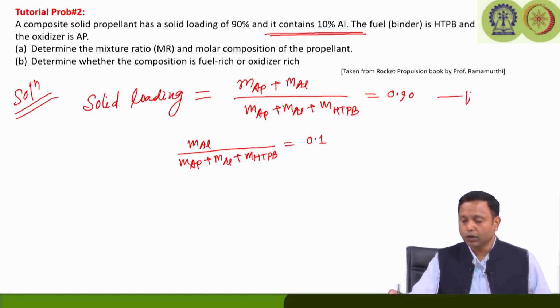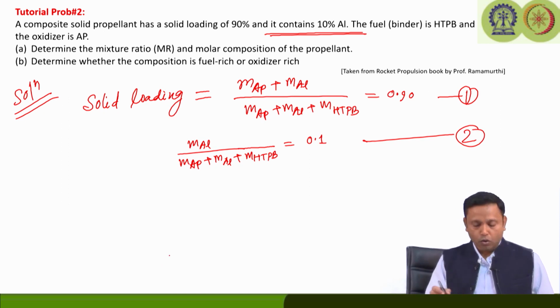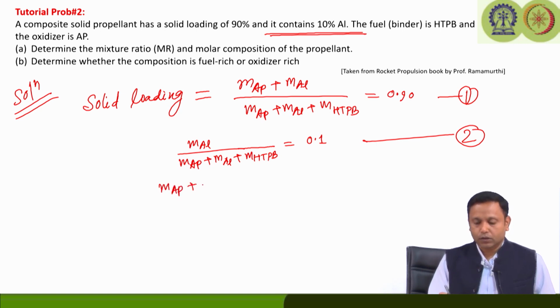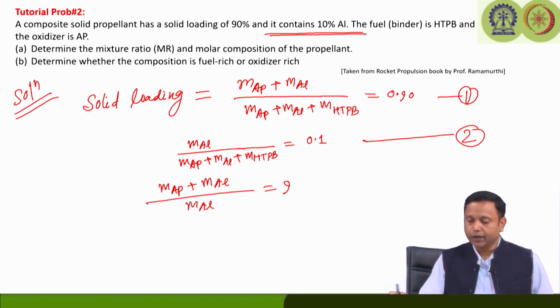So, this is equation 1, and let us say this is equation 2. Combining these, we can easily find that mass of AP plus mass of aluminum divided by mass of aluminum will simply become 9, because we are dividing equation 1 by equation 2.